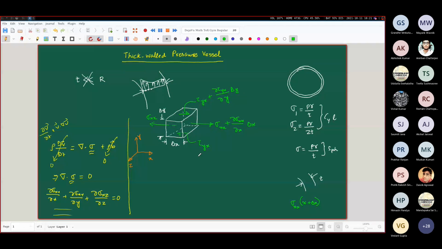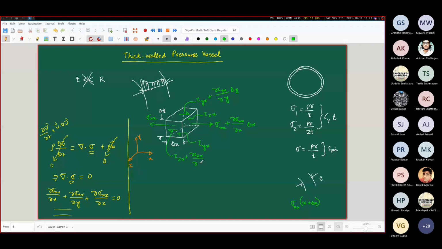So if you consider the backward facing one, that is tau zx, and on this front face, the one that I'll see will be, tell me what it is, tau zx plus del tau zx del z into delta z.